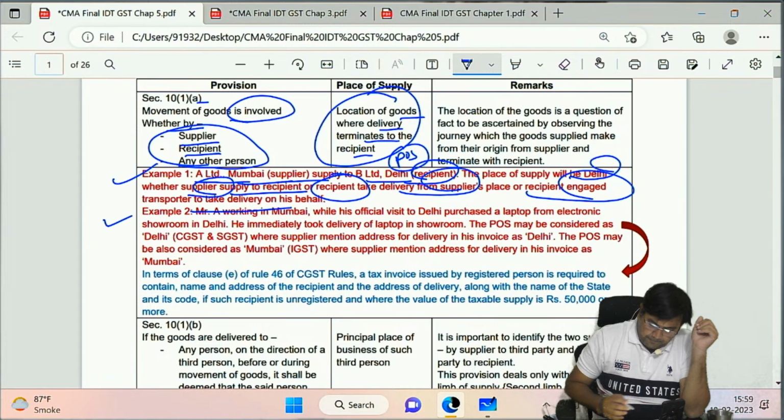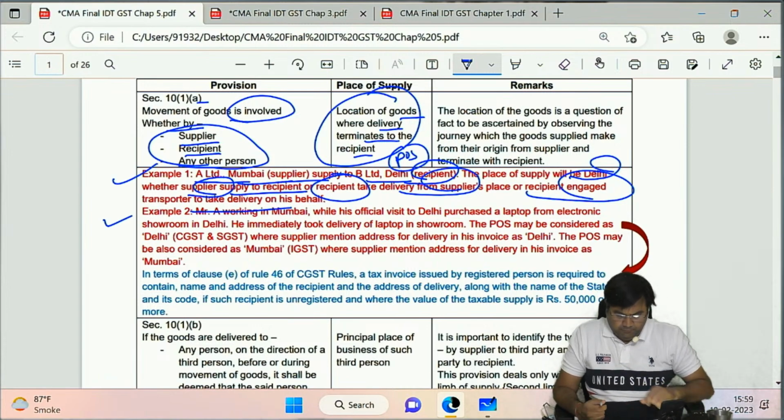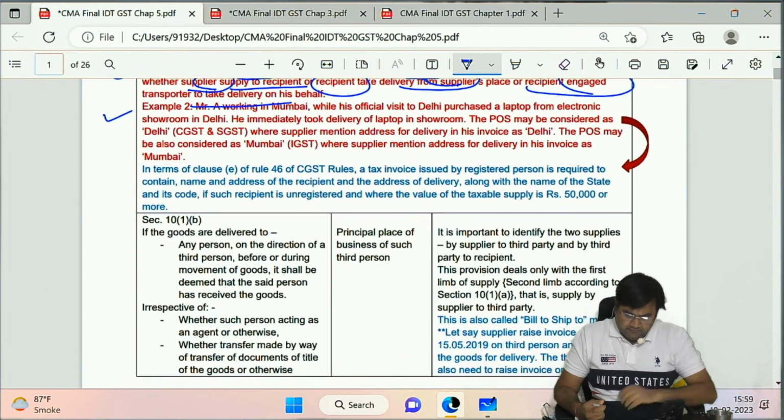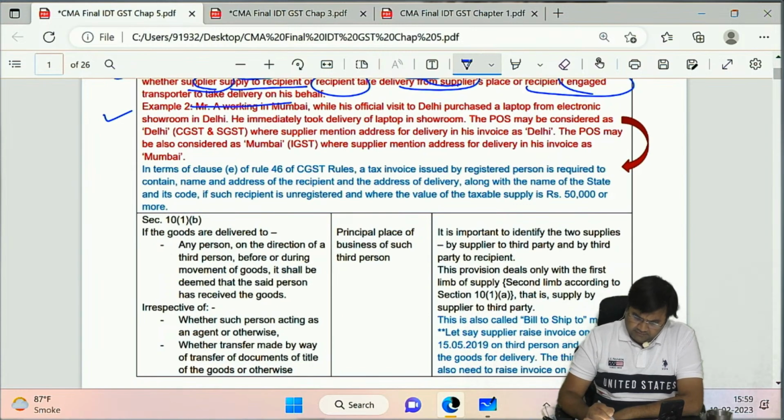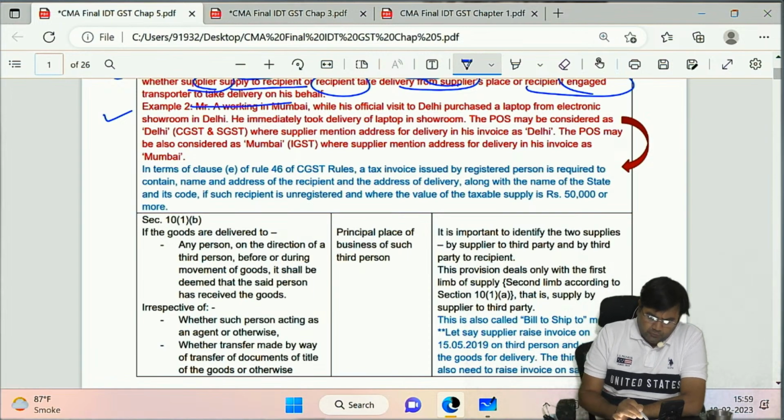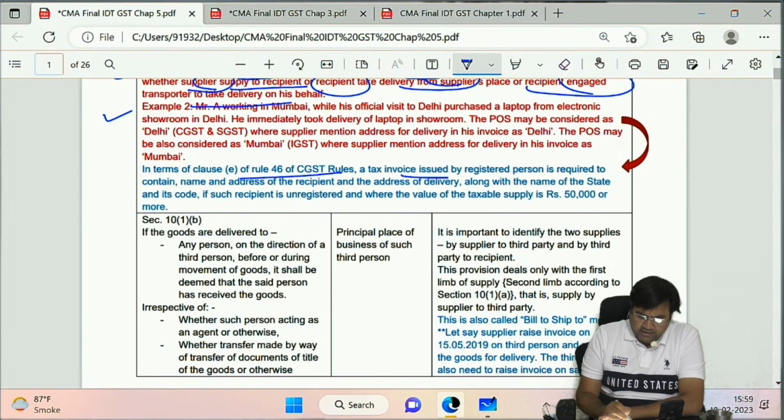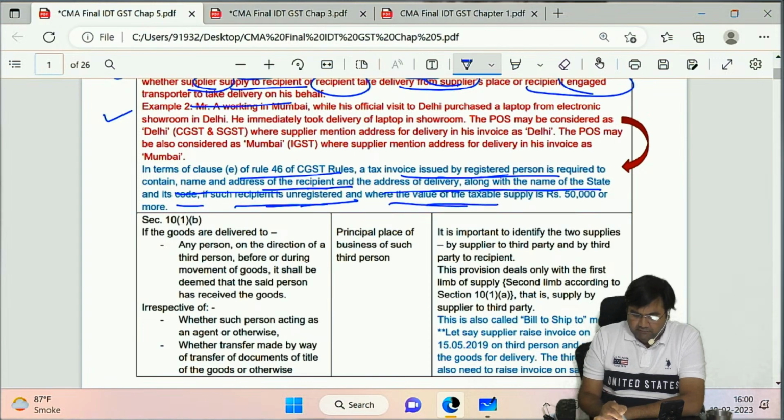Example 2. Now before I take the example, this needs to be interlinked with Rule 46, which you are going to see later on. Rule 46 says a tax invoice issued by a registered person is required to contain the name and address of the recipient and the address of delivery, along with the name of the state and its code, if such recipient is unregistered and the value of the taxable supply is rupees 50,000 or more.